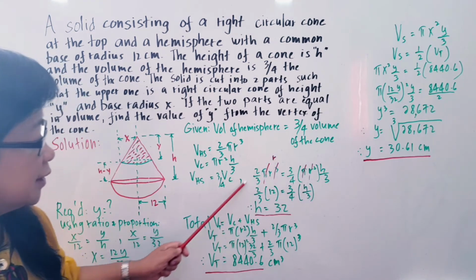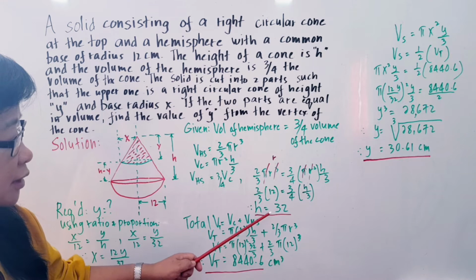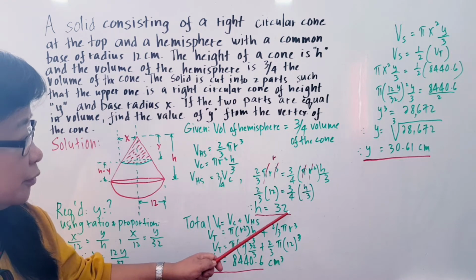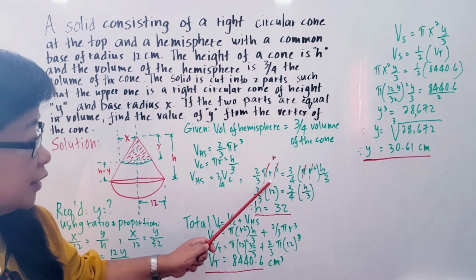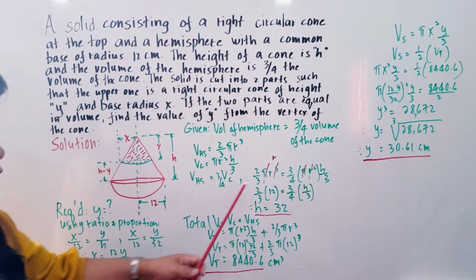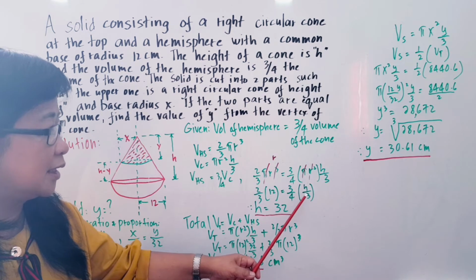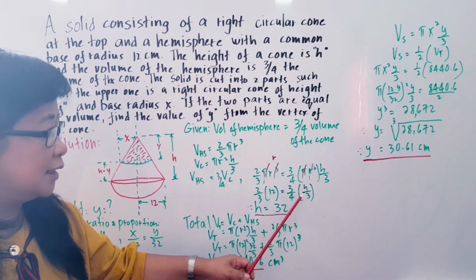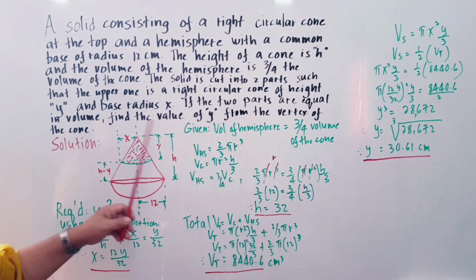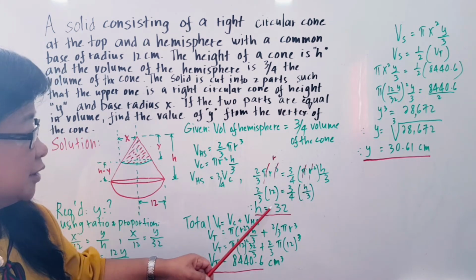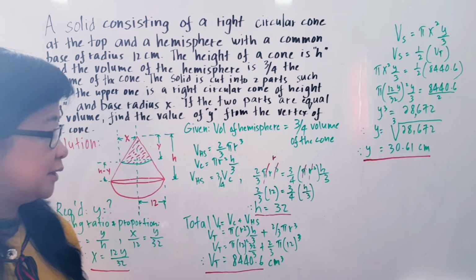Simplifying this one will result to h is equal to 32, kasi sinusubstitute mo ang value ng radius, which is equal to 12. So, h na lang ang naiwan. Masolve natin ang value ng h, which is the height of the cone. H, therefore, is equal to 32 cm.